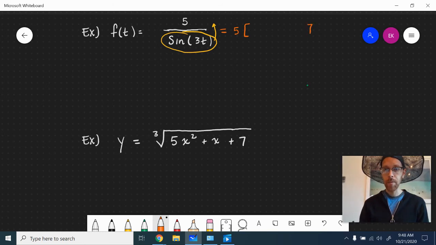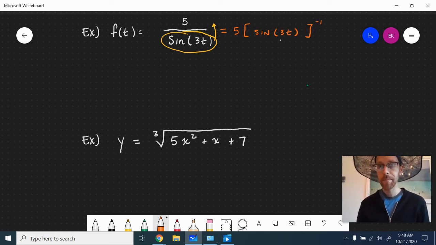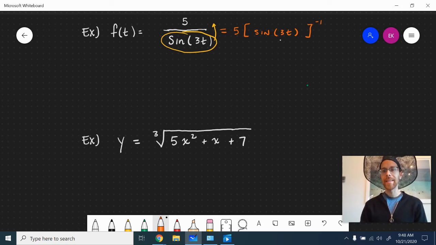The rest of the function goes to the -1 power. So the problem is now going to look a little something like this. I know that sine to the -1 is cosecant, but since we don't know how to deal with cosecants, we're just going to leave it in this format for the moment. Now this one's a little trickier because what I see is that we have an inside function right here.